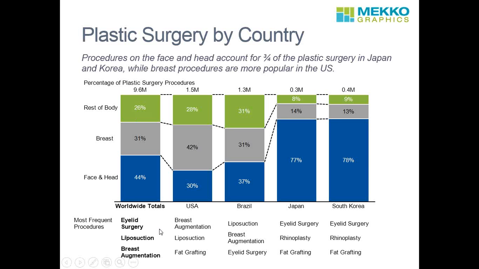And to emphasize this, I added data rows to the bottom of the chart, and the data rows help illustrate by showing you the actual most common procedures in each of the countries, and worldwide. I use bold just to highlight worldwide.